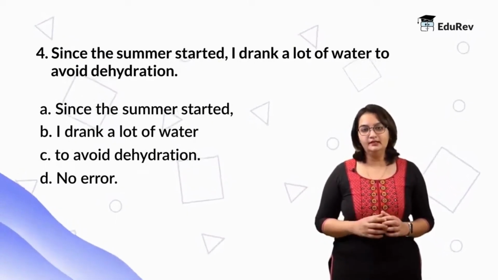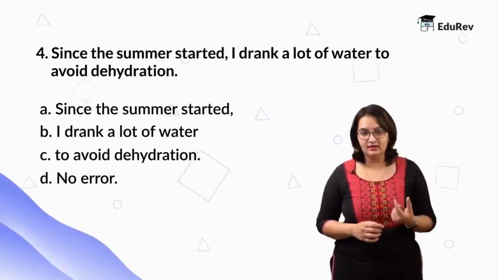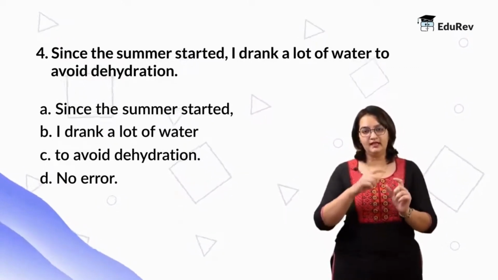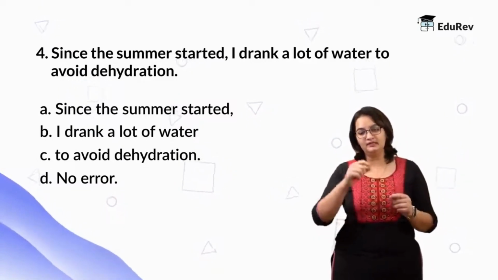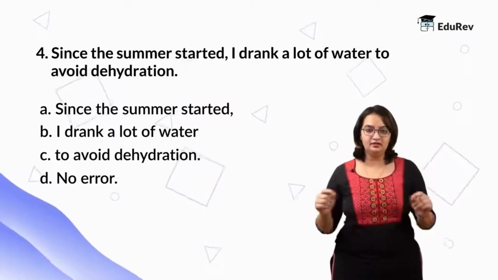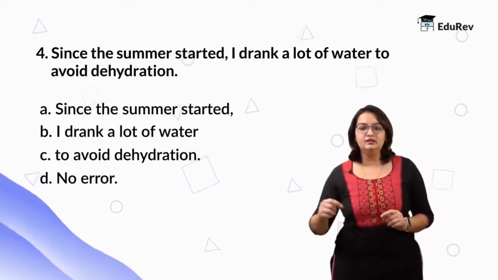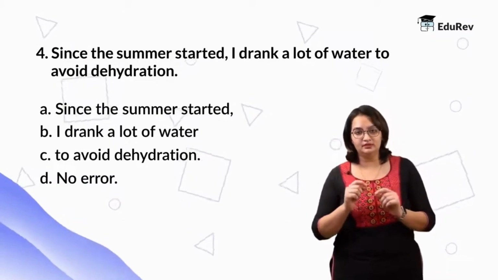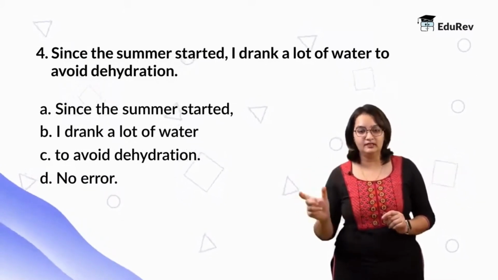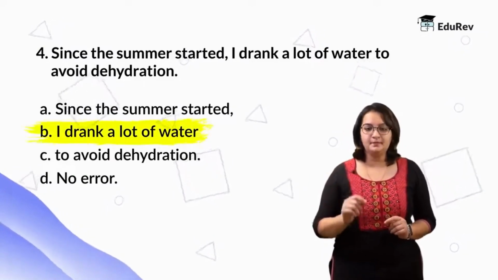So here in this particular statement, we see that we have used since, which is telling us that something has been happening since a point in the past and it is probably still continuing, because the rest of the sentence is giving an indication that the summer is still going on, and therefore we have to change the tense in the second part of the statement. The error lies in part B of the sentence.